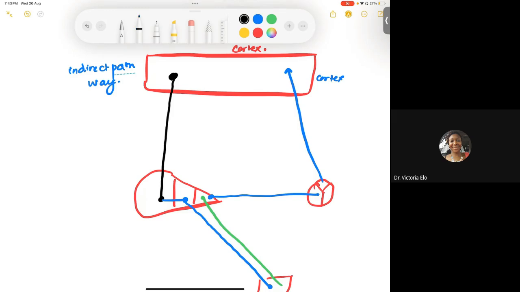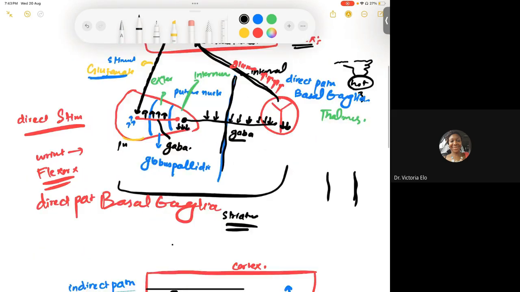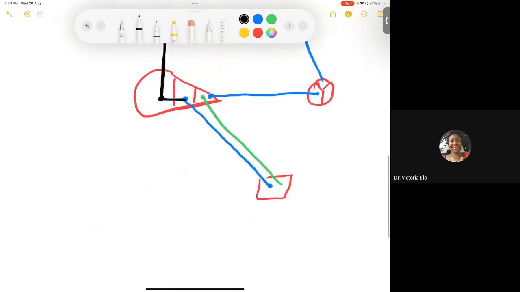First of all, the fibers are going to come down into the putamen. The next fibers from the putamen are going to move into the globus pallidus externus. Here we were seeing they were directly moving into globus pallidus internus, but here they are moving into globus pallidus externus first.